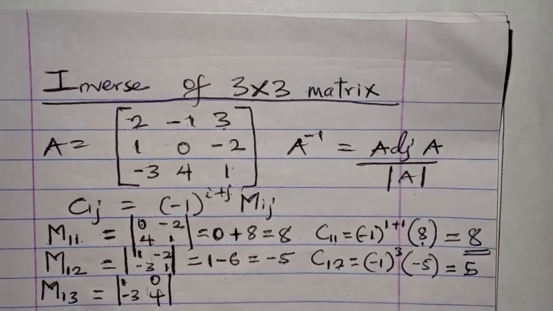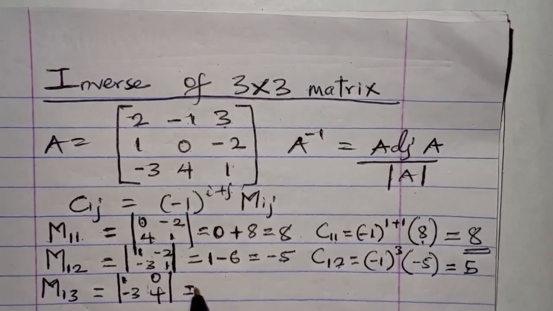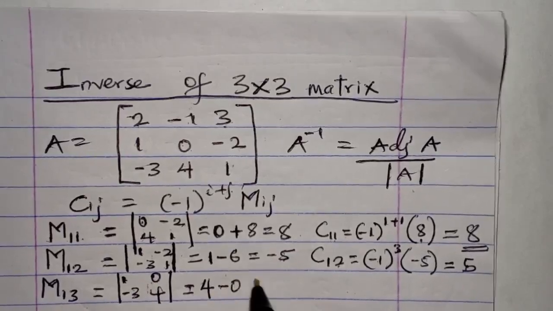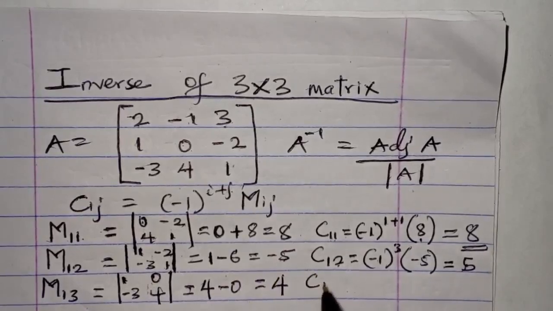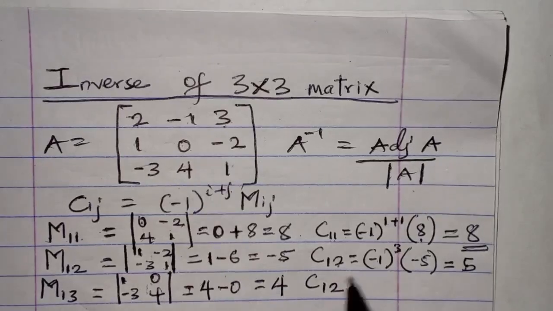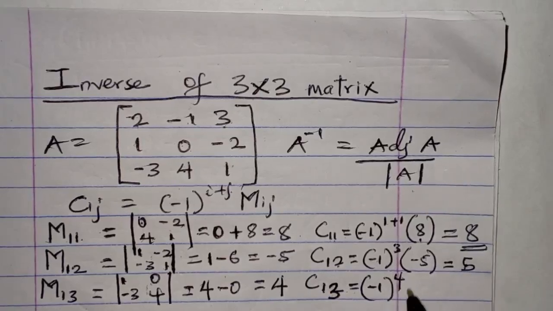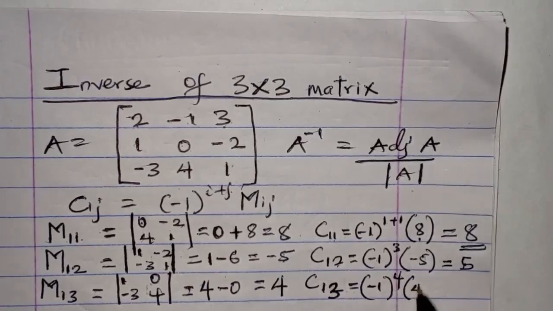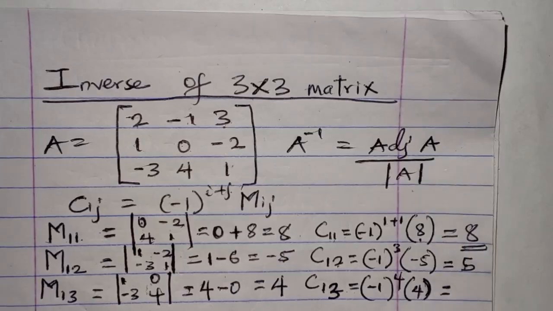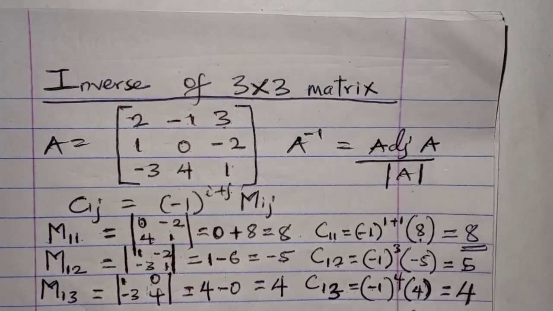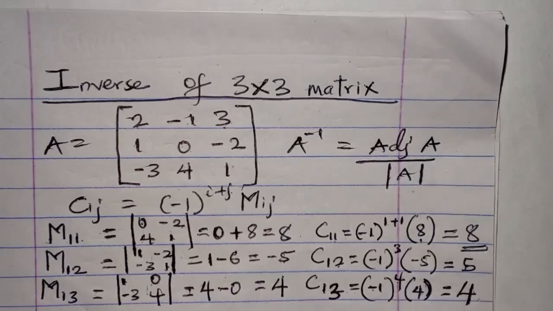So the determinant of this gives the minor. 1 times 4 is 4, minus 3 times 0 is 0, and that's 4. So the corresponding cofactor of the element 3, C13, is minus 1 to the power of 4, because 1 plus 3 is 4, times the minor, which is 4. Minus 1 to the power of 4 is 1, times 4 is 4.